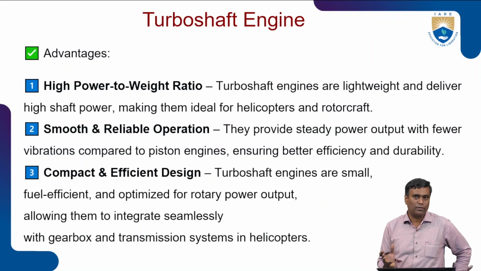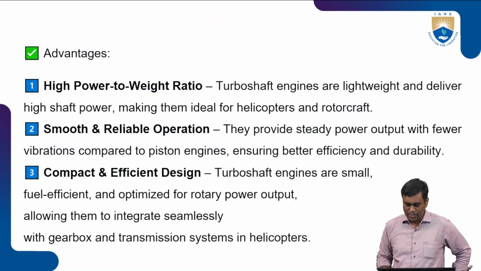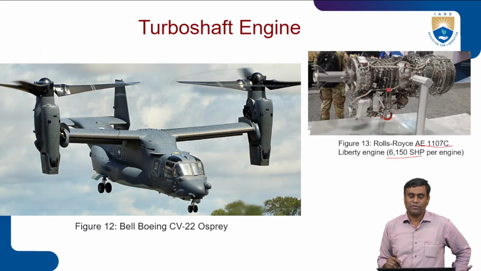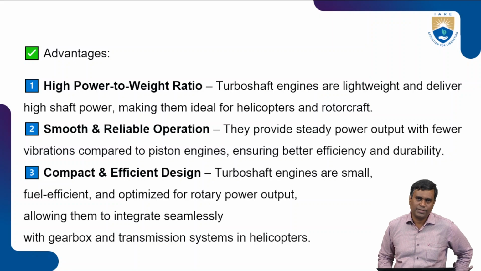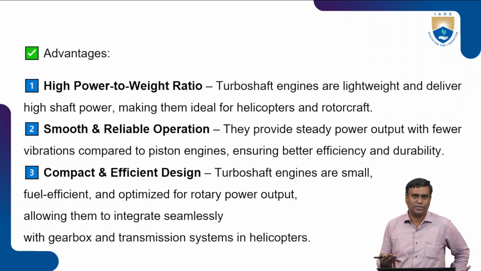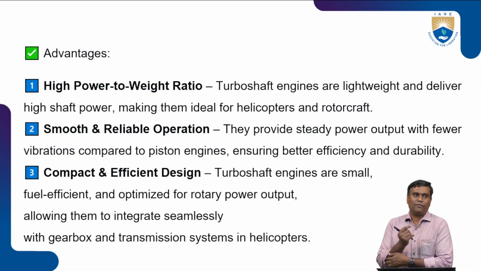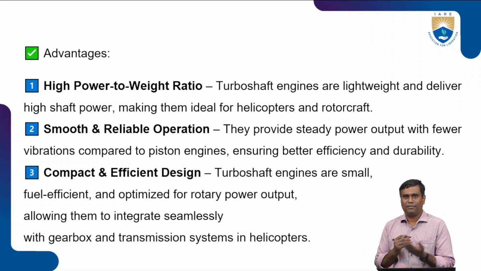A turboshaft engine has a high power to weight ratio when you are comparing with piston engine, because if you want to generate 6,150 horsepower by piston engine, you need to have a huge piston engine, or otherwise a whole set of piston engines to generate such horsepower, right? Usually 450, 300 or 250.